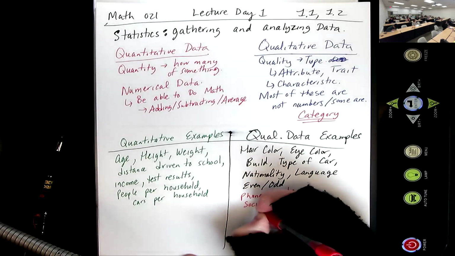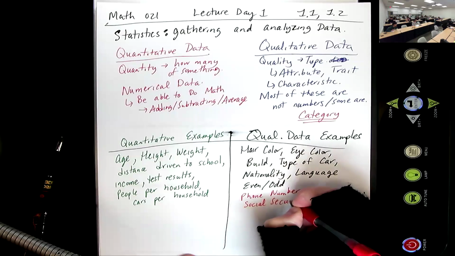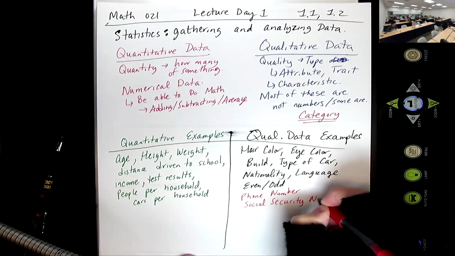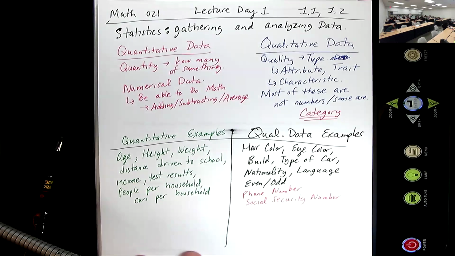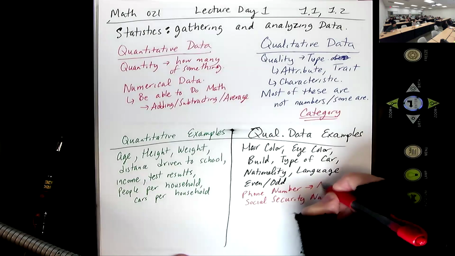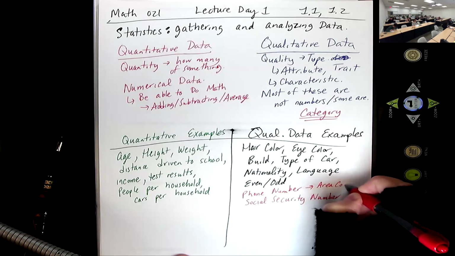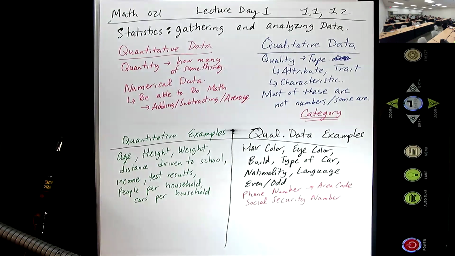Social security number. Also associated with phone number would be area code. That's definitely a category. It's called area code because all the calls in a particular area started with it, when it was landlines.